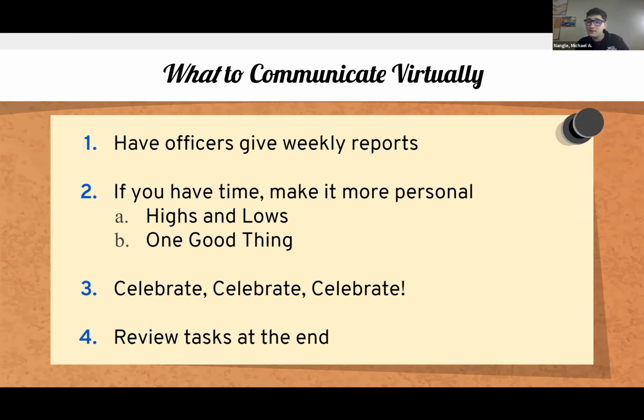You could also just do one good thing and have someone go around and say that they finished their essay that they've been working on, or they made themselves cookies this week. And it just brings a positive, homey vibe to your executive board that is very easy to let slip by in this virtual setting.